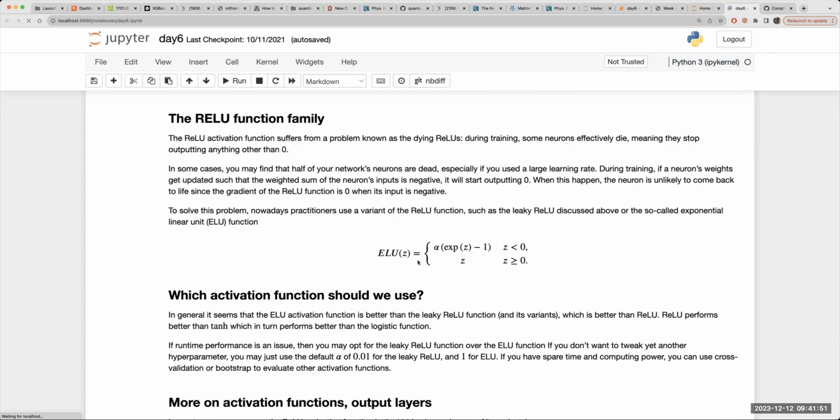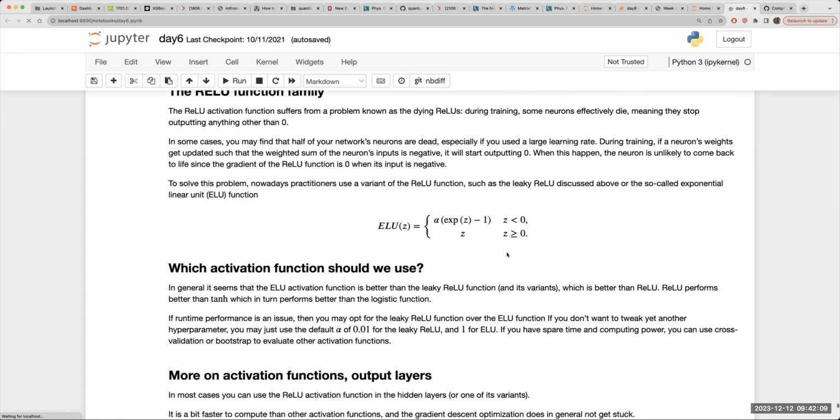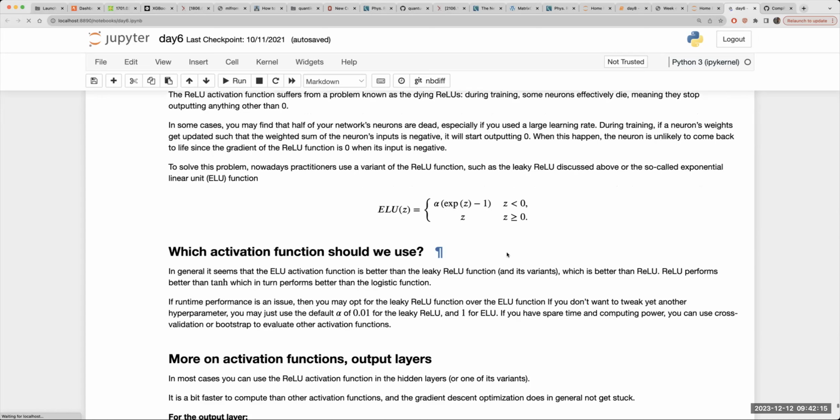So this ELU function is given by the exponential. There is a new parameter alpha. Then we have the variable z, when z is larger than or equal to 0, and then it has this exponential when it's smaller than 0. These are functions which often behave better than the standard sigmoid function with respect to vanishing gradients.